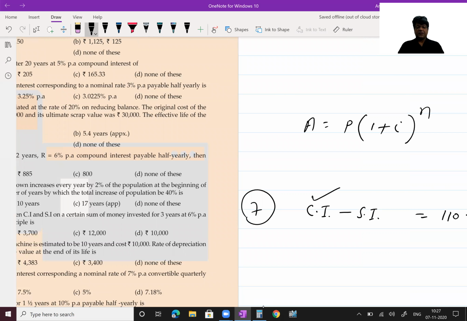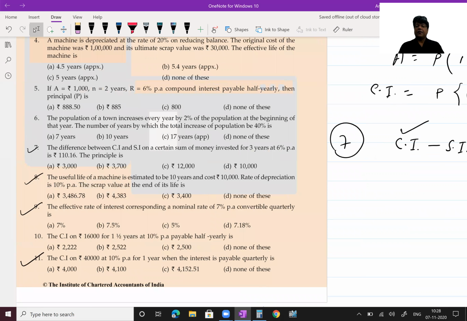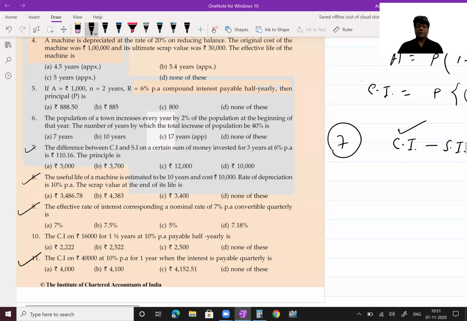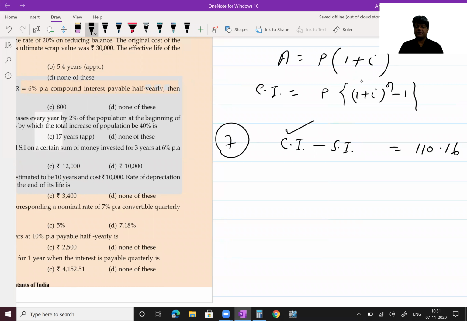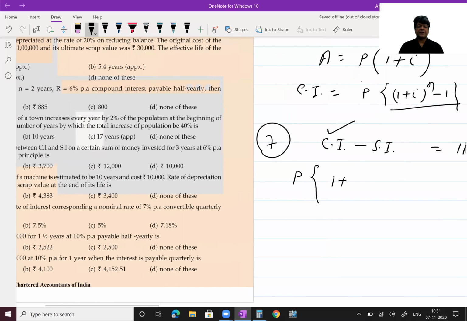Now, here, for the compound interest formula calculation, I have given you the formula. If you remember, compound interest is equal to principal into (1 plus i) to the power n minus 1. Here the principal is not given, into this formula 1 plus i, with the rate of interest given.